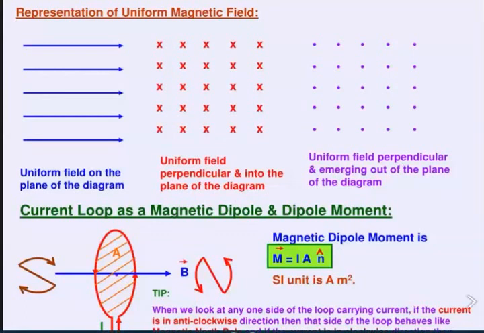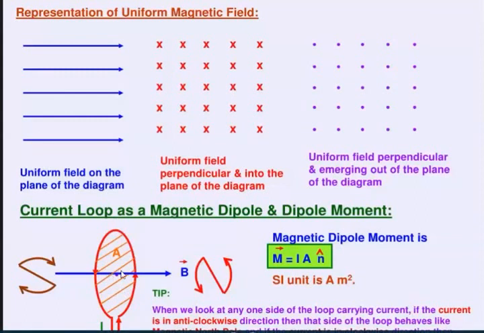Now, the question is how to determine the dipole moment associated with the loop. How to determine the magnetic dipole moment?